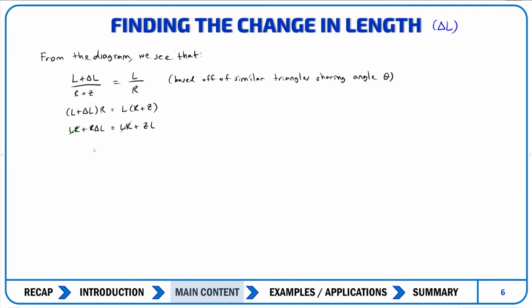And then we end up with delta L being equal to ZL divided by R. We can highlight this and see that we've now defined delta L.